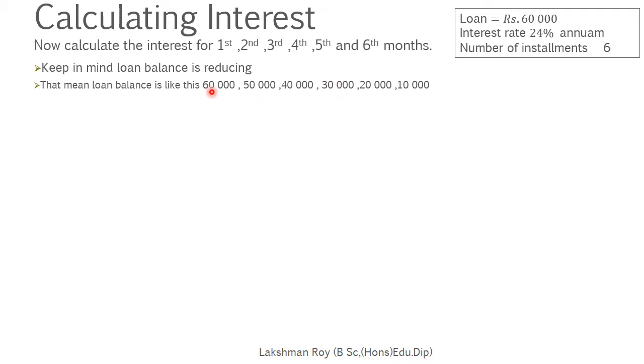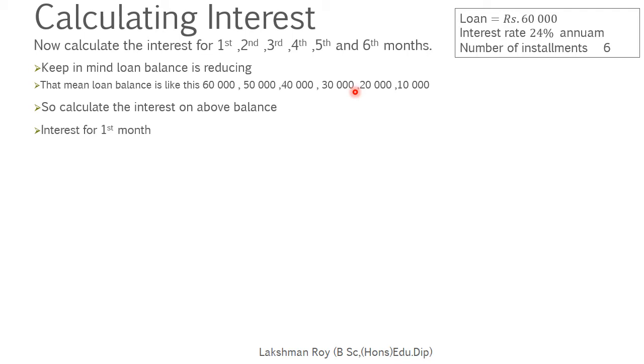So first month 60,000 balance, second month 50,000 balance, third month 40,000 balance, like that. What you have to do is calculate the interest on this balance. You can see the balance is reducing, so calculate the interest on this balance.